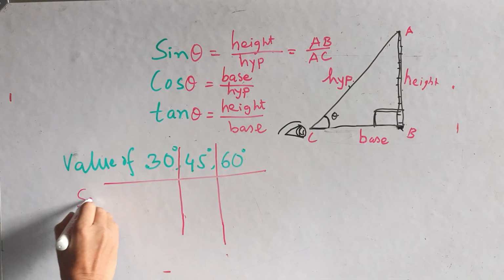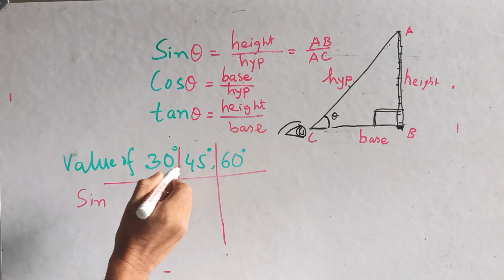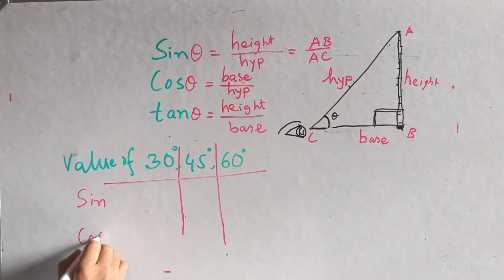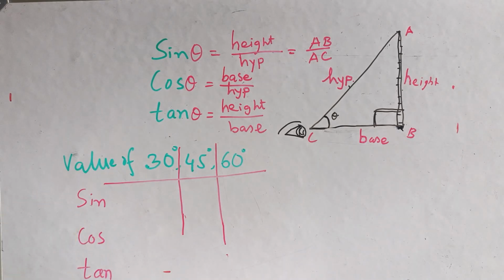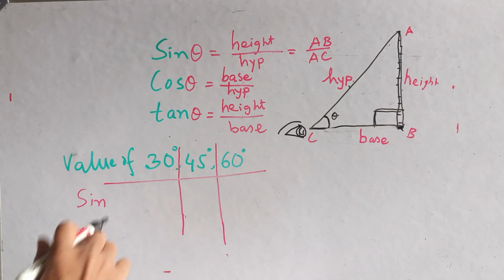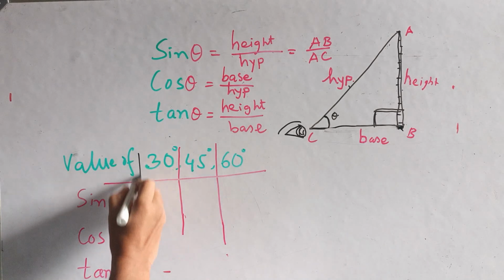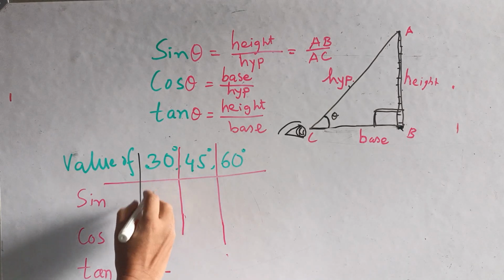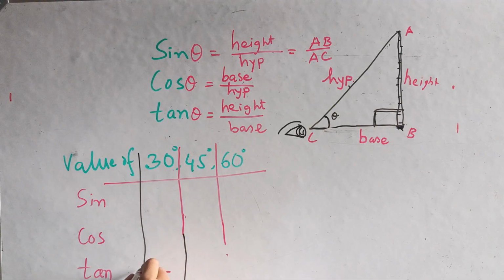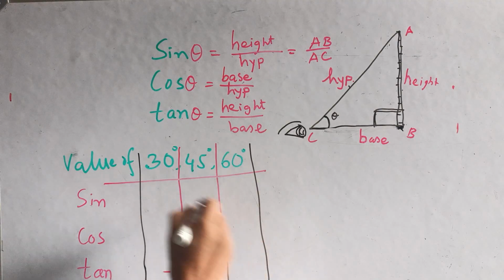So sine, cos and tan. For sine 30 degree, you have to remember these values. There are many tricks, but you can remember only these few values without any trick.